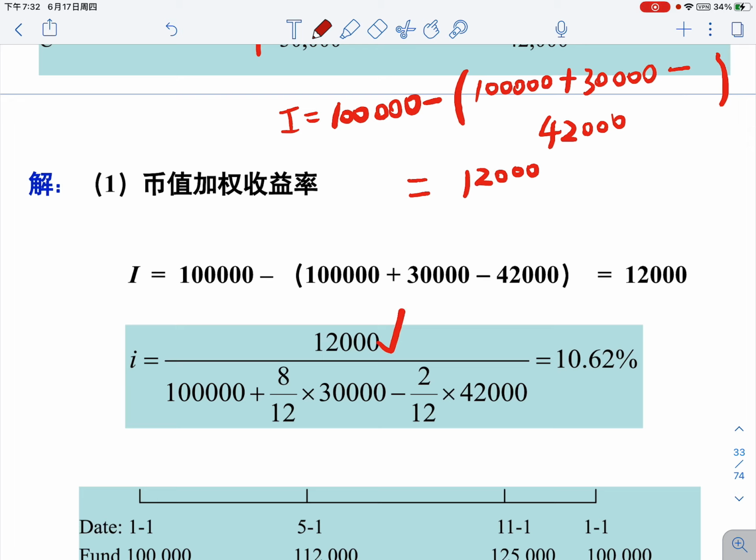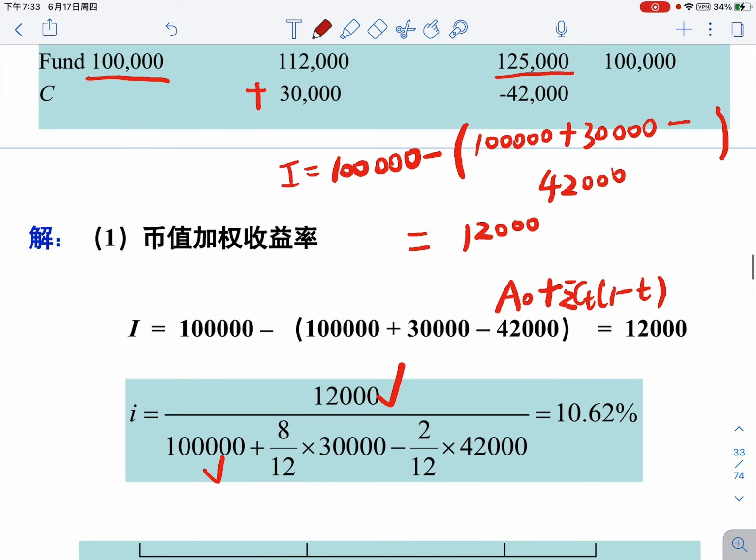And so we know that we had A0, and this is 1 minus t, C_t. So let's check this.